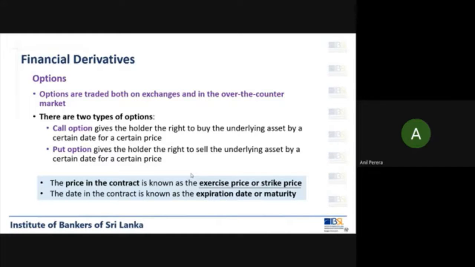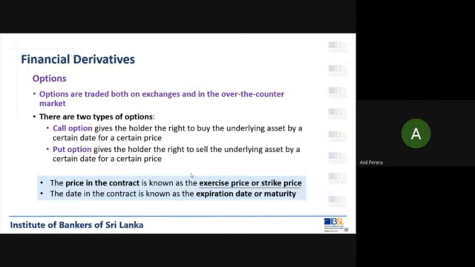It's a kind of a legal right. So there are two types of options as a result: call option and put option.